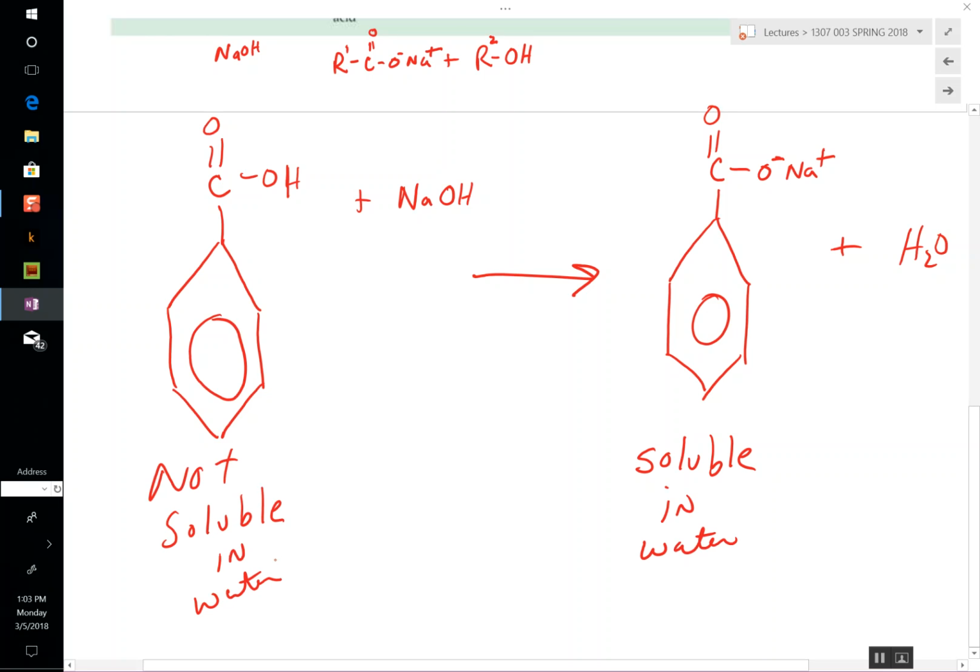So there are some basic things that you can observe, basic differences between the sodium salt and the carboxylic acid to begin with.